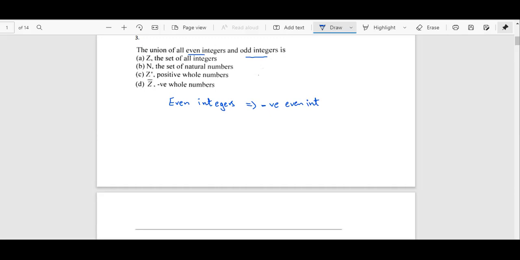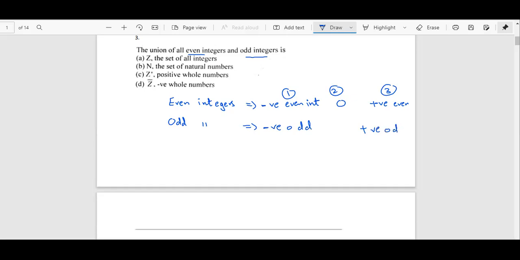Then I'm going to add 0. And then I'm going to add all the positive even integers, right? So I will have 1, 2, 3, these types of numbers. And if I talk about odd integers, in this case, I am going to have negative odd integers and I am going to have positive odd integers.